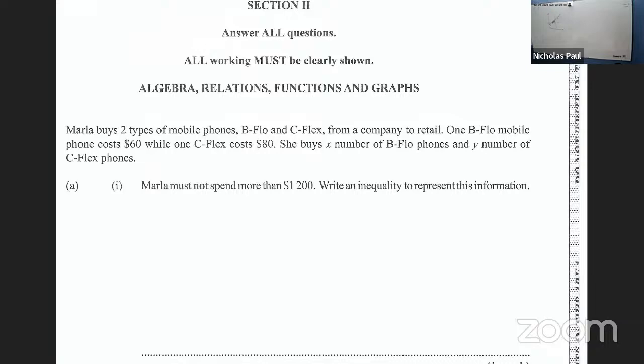If you check the group, it's there. We are doing number 8.